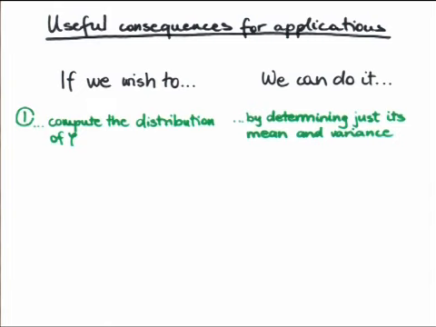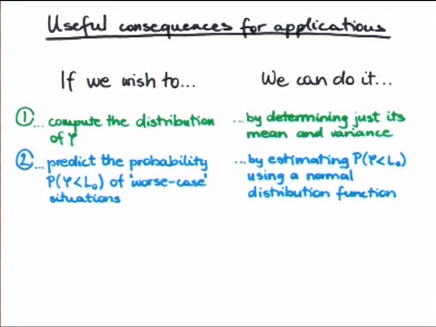Okay, the theorem also has a few useful consequences. Firstly, if we want to compute the distribution of phi, we only need to determine its mean and variance, and we have seen that this can be done easily. We also may wish to predict the probability of a worst-case situation, the probability that the future phylogenetic diversity is less than some critical lower limit A0.